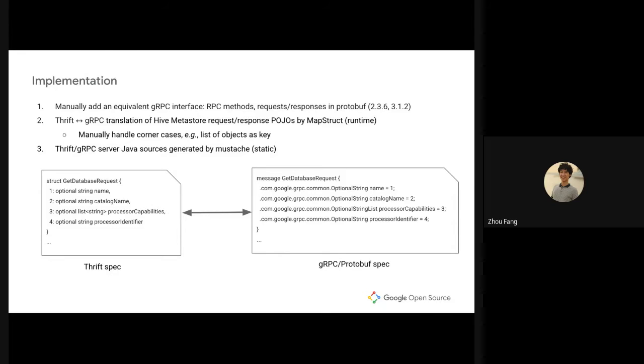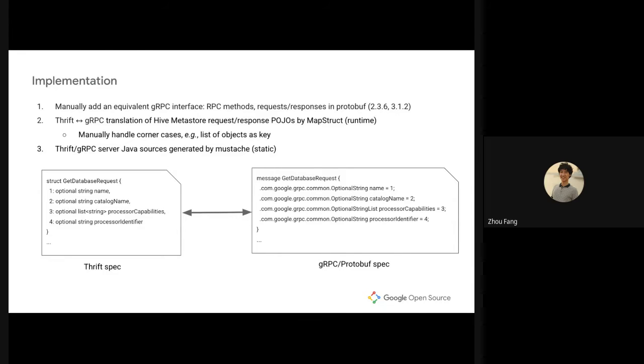The last step is that we need to generate the Thrift server or gRPC server for the proxy. And we need to generate a method in this server for every Hive Metastore method. So we use Mustache. This is a template library that we can use to automatically generate all those methods based on some rule, because the implementation of each method is the same.